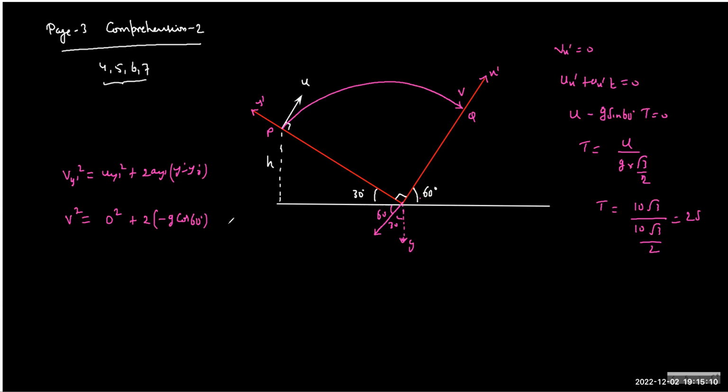What is Y? Y is 0 minus Y not dash, so that you have to calculate from this triangle. You can call this something D. So D sin 30 is H, so D becomes 2H, right? And you're done.